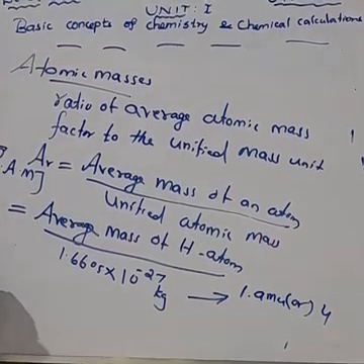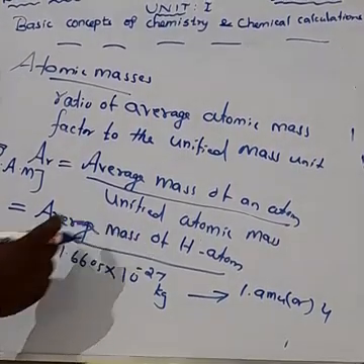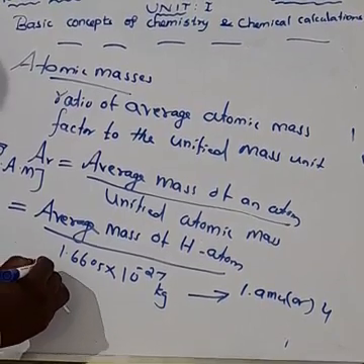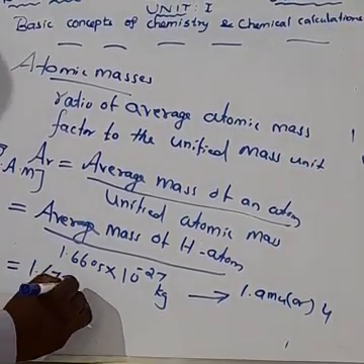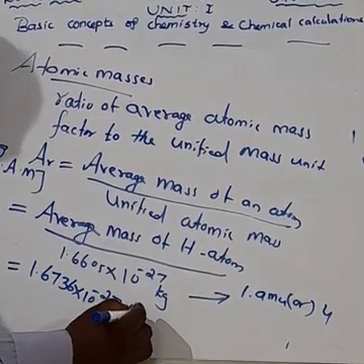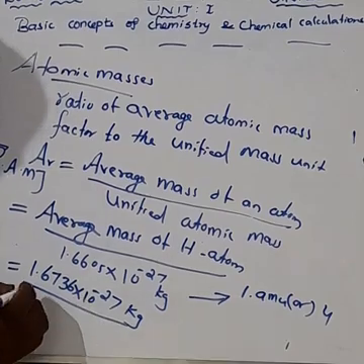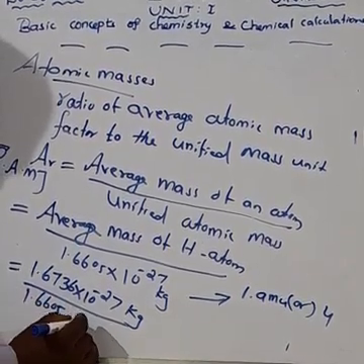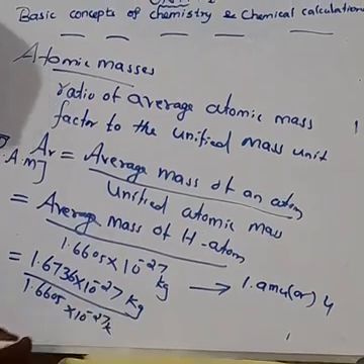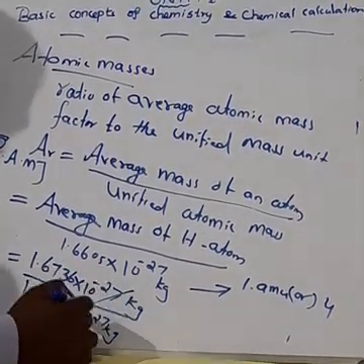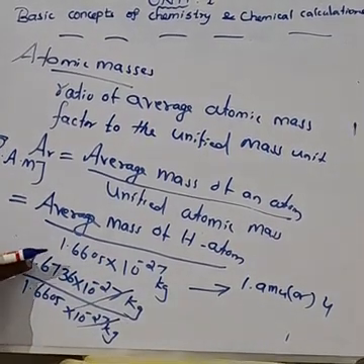Here, the average mass of hydrogen is 1.6736 × 10^-27 kg, divided by 1.6605 × 10^-27 kg.